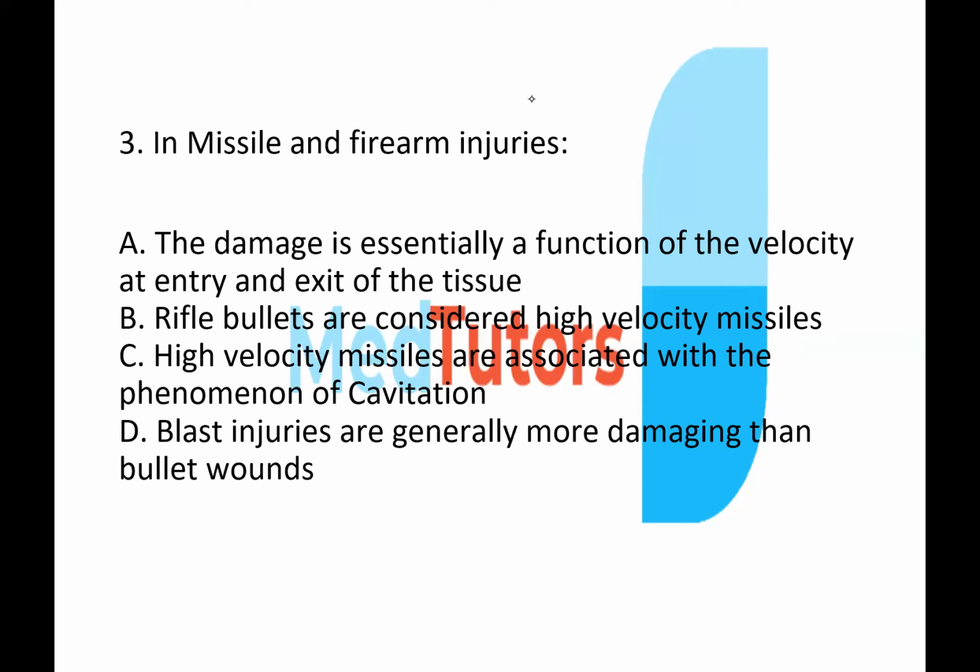And the higher the velocity, the more the damage. Rifles or long guns create more damage than shotguns because they have higher velocity and momentum, because mass times velocity gives you the momentum.